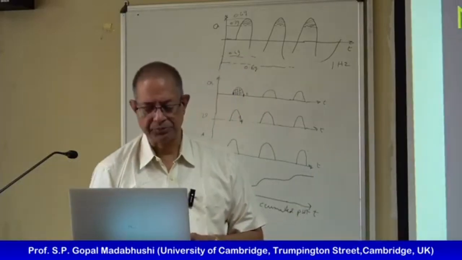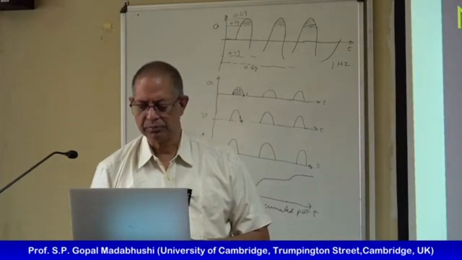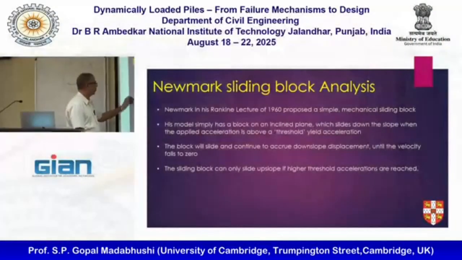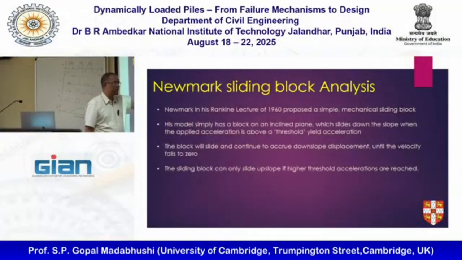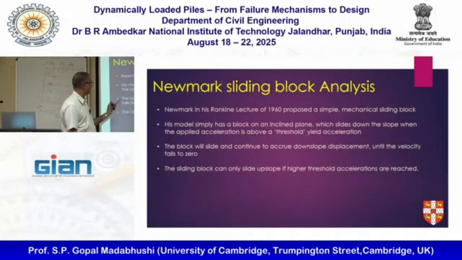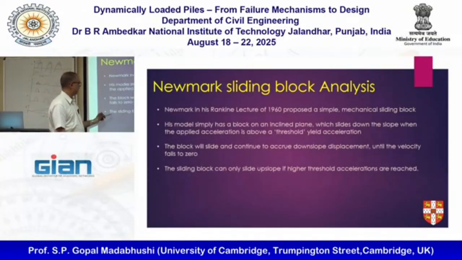So the block will slide and continue to accrue downslope displacement until the velocity falls to 0, and the sliding block can only slide upslope if my threshold acceleration is reached on this side as well.